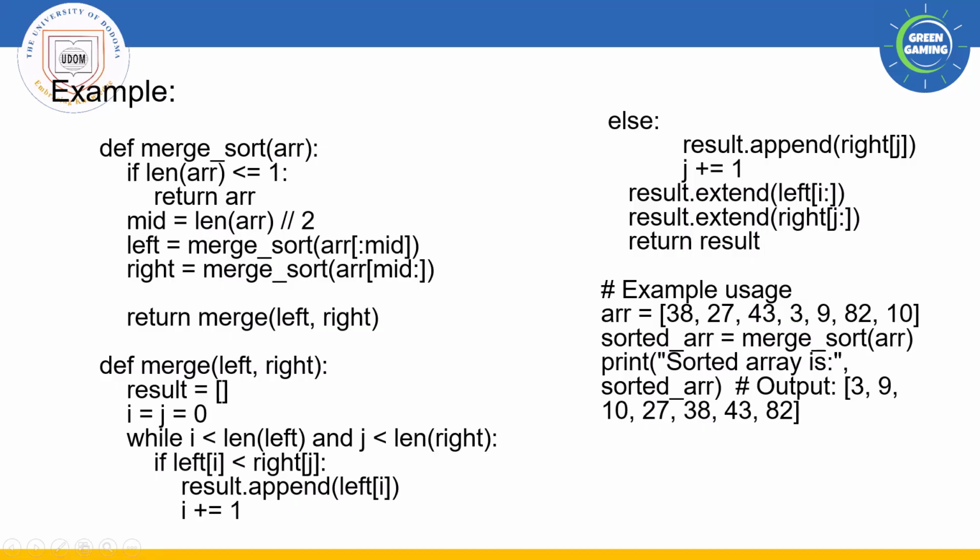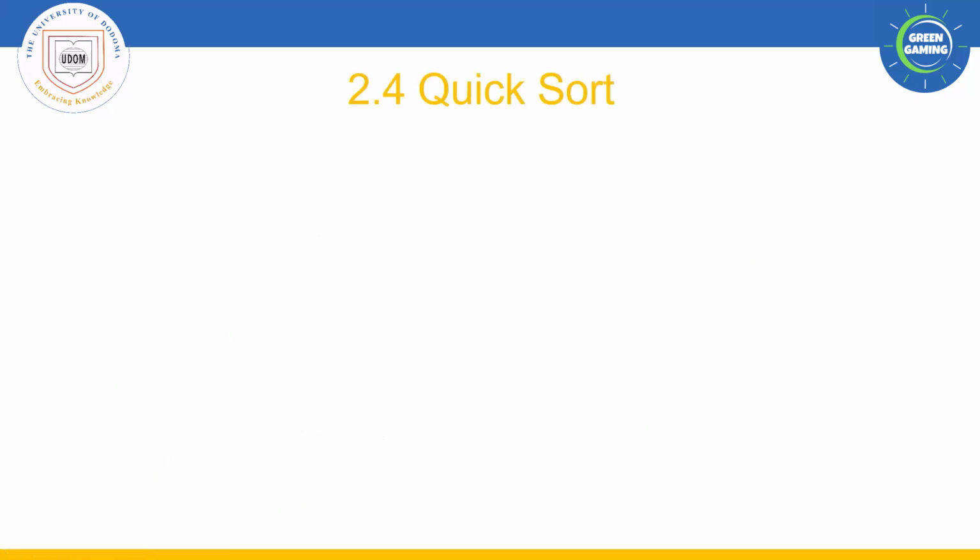So it will be dividing our list until we sort all of them. This while loop will compare the elements from the left and right at the current indices i and j. The smaller element will be added to the result and the corresponding index i or j is incremented.